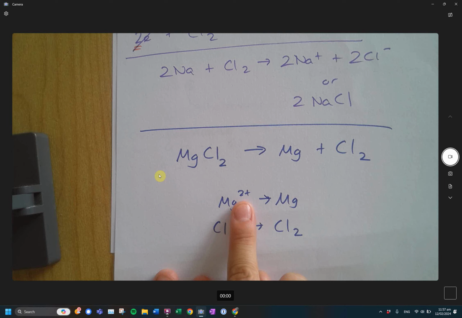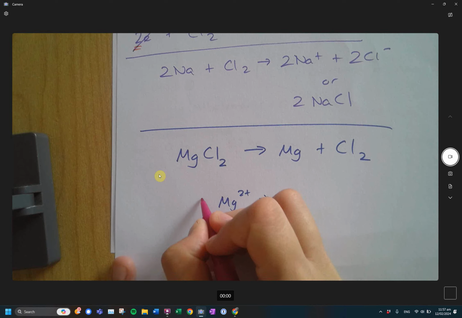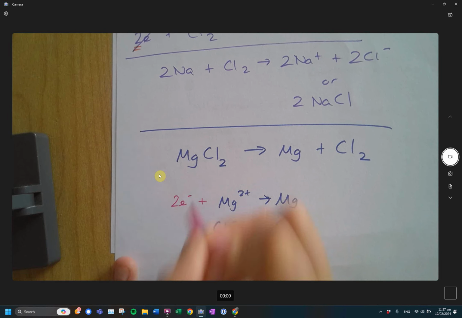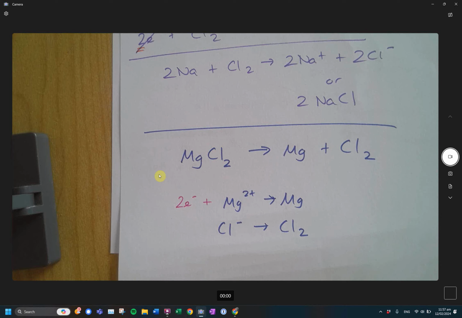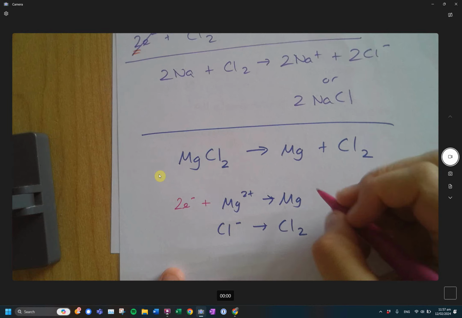Because you see how I'm going from positive to nothing. How many did I gain? 2. So I'm showing that on this side here. Gain 2 electrons. So is that oxidation or reduction in that example? That is reduction.